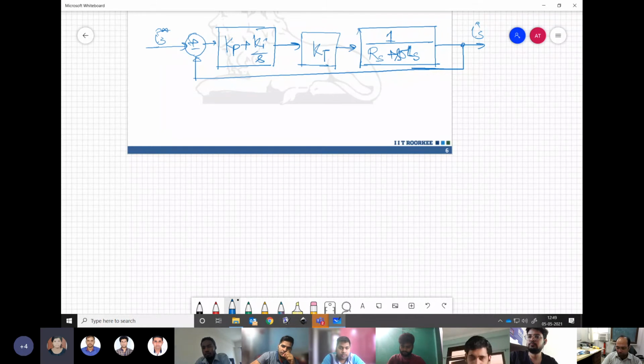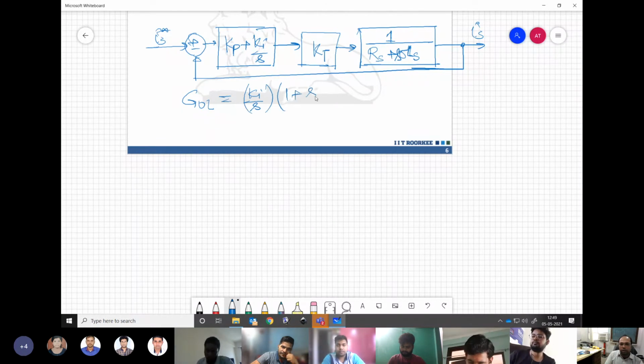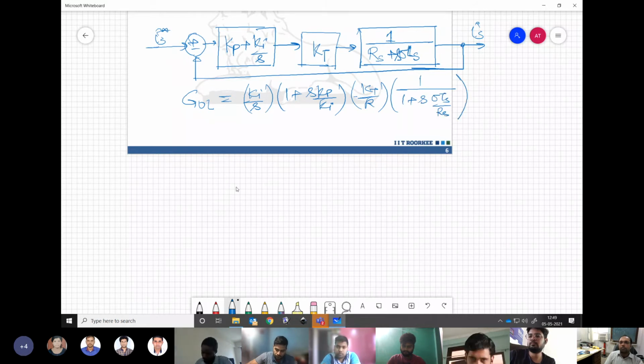Good. But first you need to write the open loop transfer function, what you have. And you need to rearrange so that pole zero cancellation looks simpler to you.